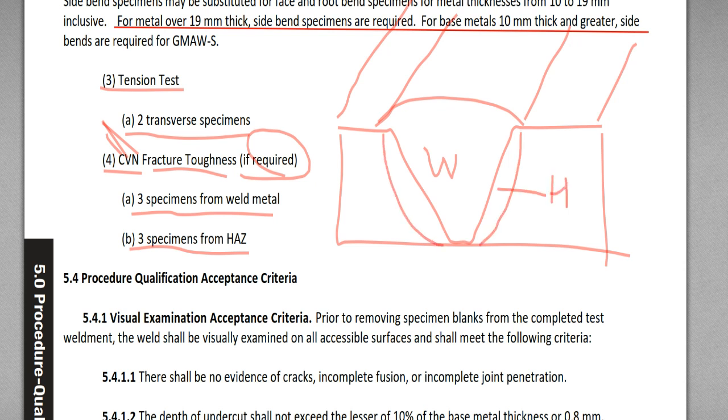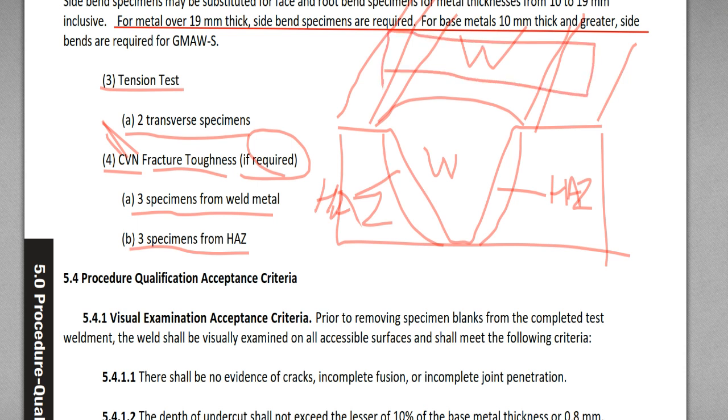This is HAZ, and this is also HAZ. This is weld. So we make specimens from here: 3 specimens in the HAZ and 3 specimens in the weld metal for the CVN fracture toughness test.